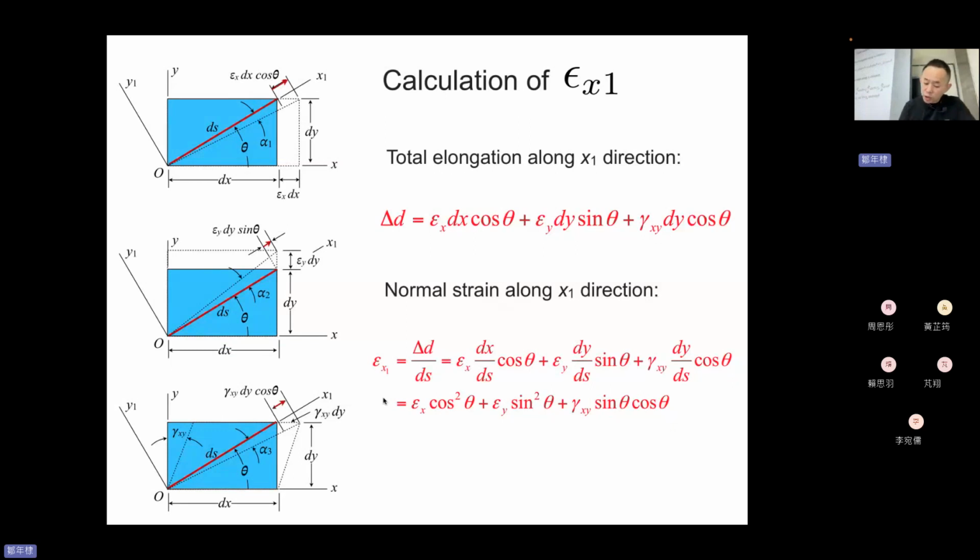you see, we are going to calculate the epsilon x1, the deformation, the strain along the x1 axis. And where is the source? Where is the contribution from to get the epsilon x1 value? Three contributions.